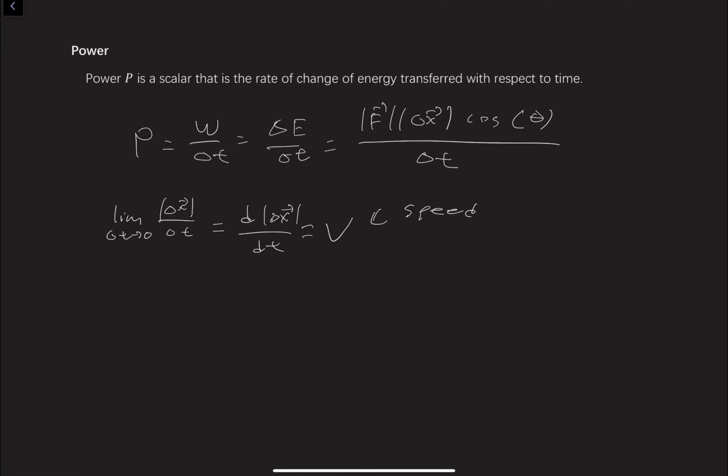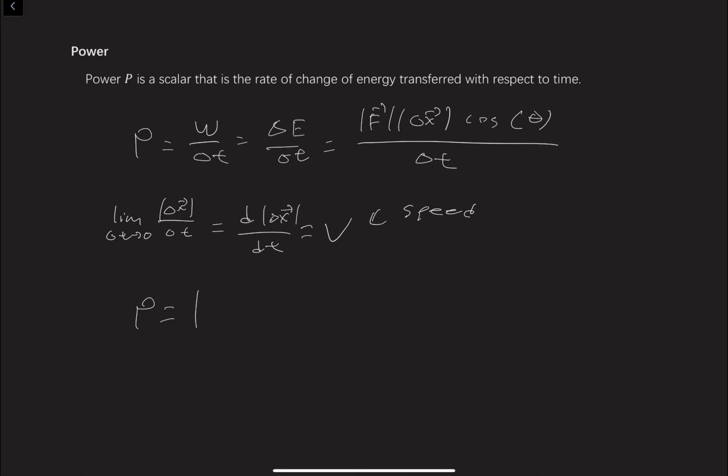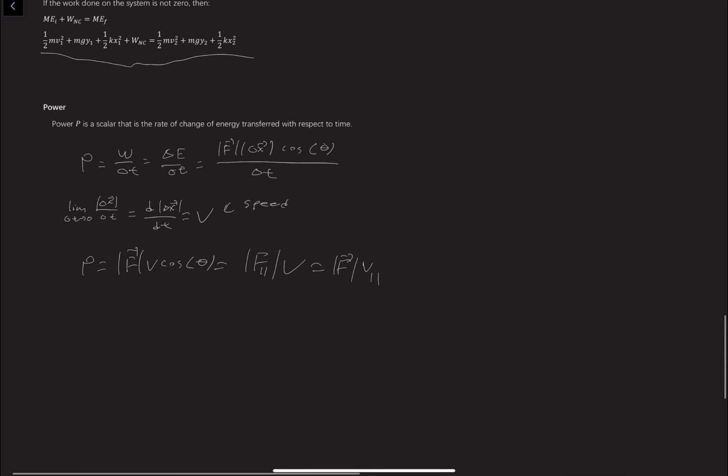When you substitute this back, power is equal to the magnitude of force times the speed times cosine theta, which is equal to the component of force that's parallel to the velocity times the speed, which is equal to the force times the component of speed that's parallel to the force. And that concludes my review for Unit 3, AP Physics 1 on energy, and I'll see you next time.